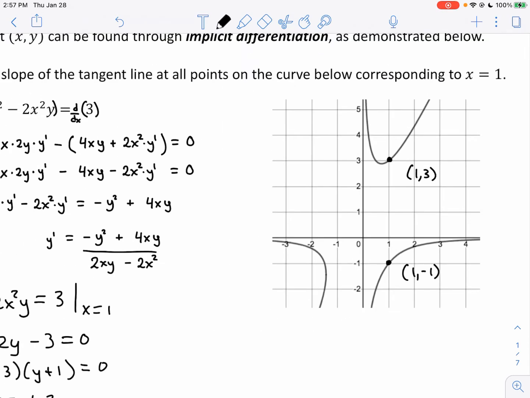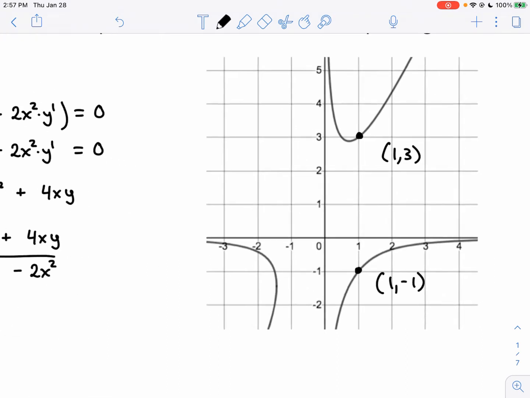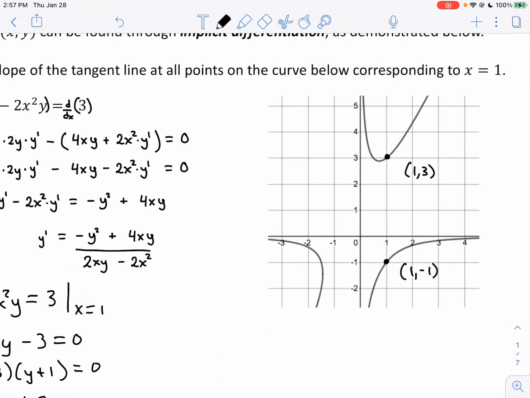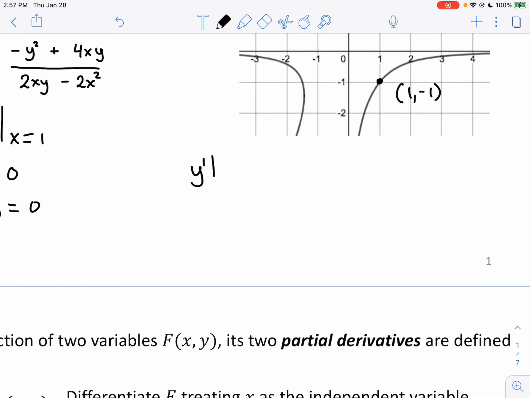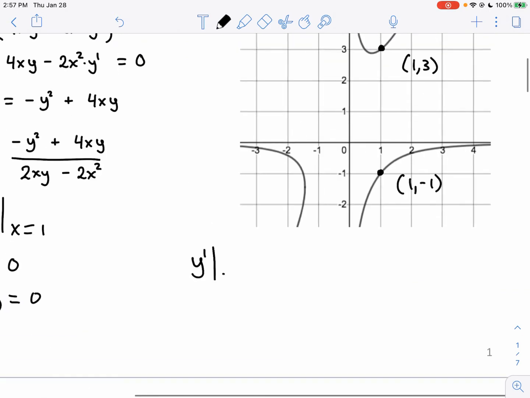So we have to find 2 different slopes of tangent lines, and they may not be the same result. To find out the slopes of the tangent lines, you simply plug into your y prime expression the point (1, 3) for x and y. Let's do that work down here. So I'm going to say, what's y prime evaluated at the point (1, 3)?